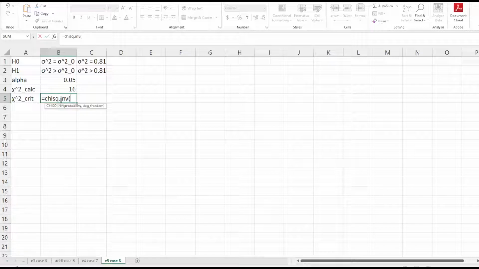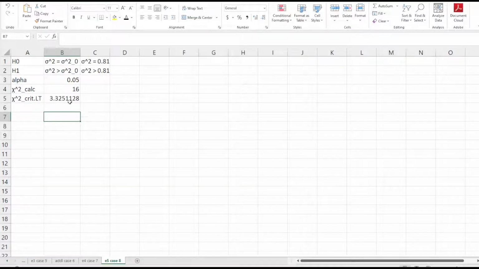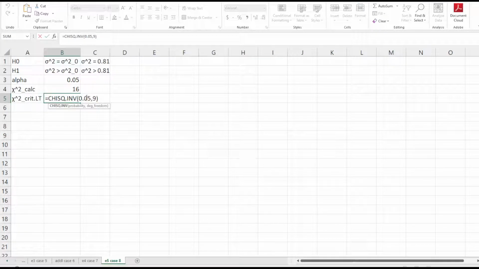So we can do 0.05. Degrees of freedom natin is 10 minus 1, which is 9. So we should get this value. This critical value is actually the left tail, no? So let's just say LT siya. If we want to get the right tail, then instead of 0.05, we should use 0.95.